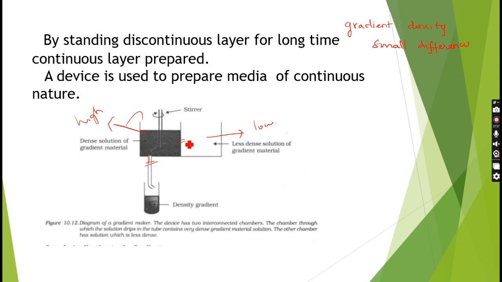Then the less dense solution is poured into the high dense solution and stirred. This mixture is again poured into the test tube which has the high density solution. Like this, gradients with small density differences can be made by gradual introduction of low dense solution. Due to this gradual introduction, the gradient is layered with small density differences.